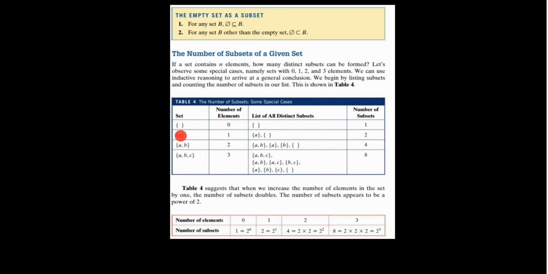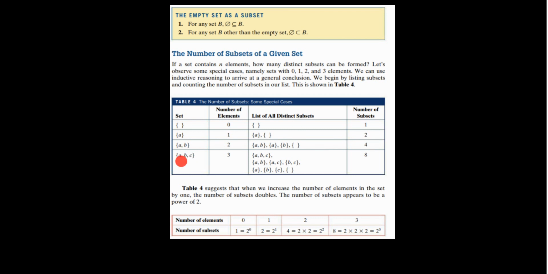This set has the element A in it. That's one element. And the list of all distinct subsets: well, {A} is 1, and the empty set is also 1. So that makes 2. And then we have A and B. There are 2 elements, and we can list all the subsets. {A, B} is a subset, {A} is a subset, {B} is a subset, and the empty set is a subset. And that makes 4.